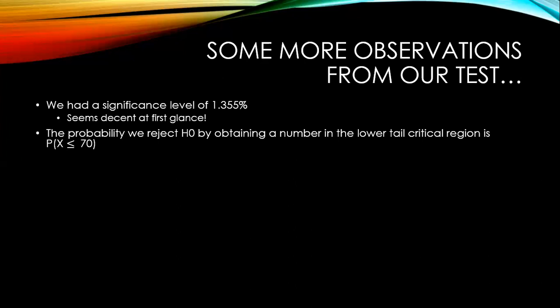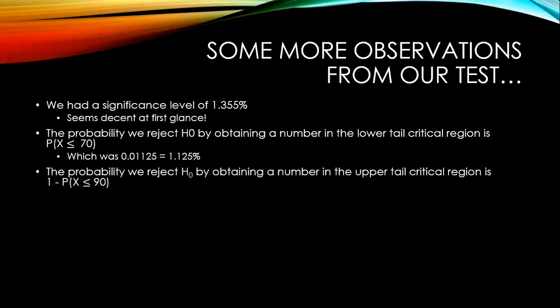So again, the probability that we reject H naught by obtaining a number in the lower tail of the critical region was the probability of getting less than or equal to 70 successes, and we calculated that to be 1.125%. The probability that we rejected H naught by obtaining a number in the upper tail critical region was 1 minus the probability that we get 90 or fewer successes, which, as we explained before, is the same as the probability that we get 91 or more successes.